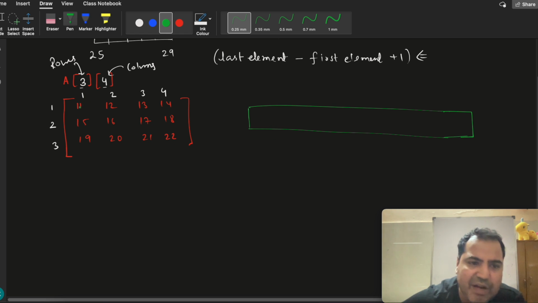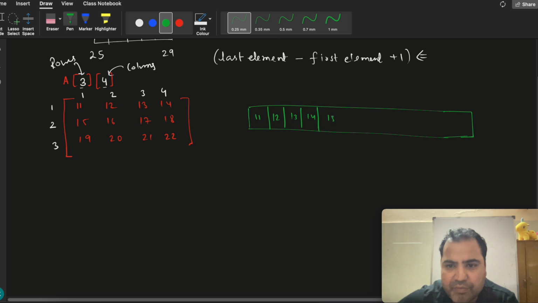I will write the first row's elements: 11, 12, 13, 14, then 15, 16, 17, 18, and then 19, 20, 21, 22.